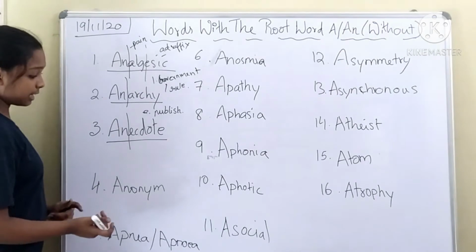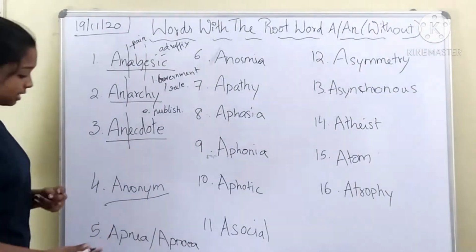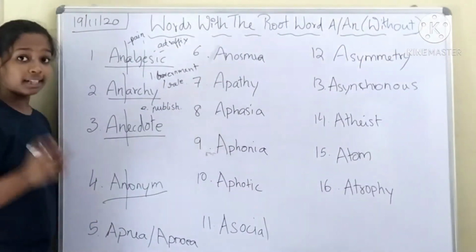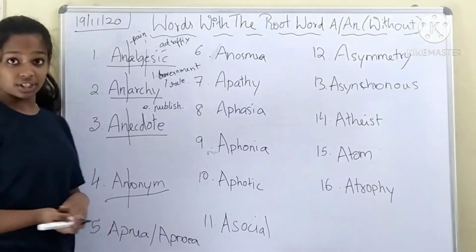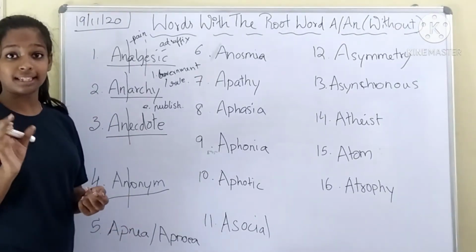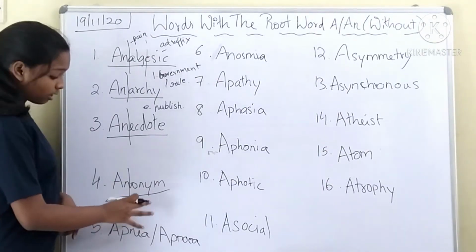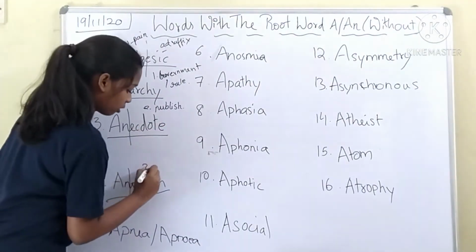The next word is anonym. Anonym has 2 root words in it. An means without, onym. Onym we have already studied in a previous session. But in this word, onym means a name. And it is the 3rd new root word.